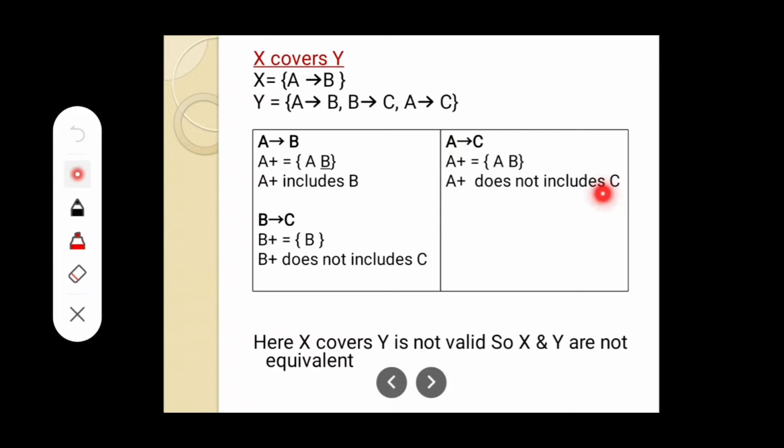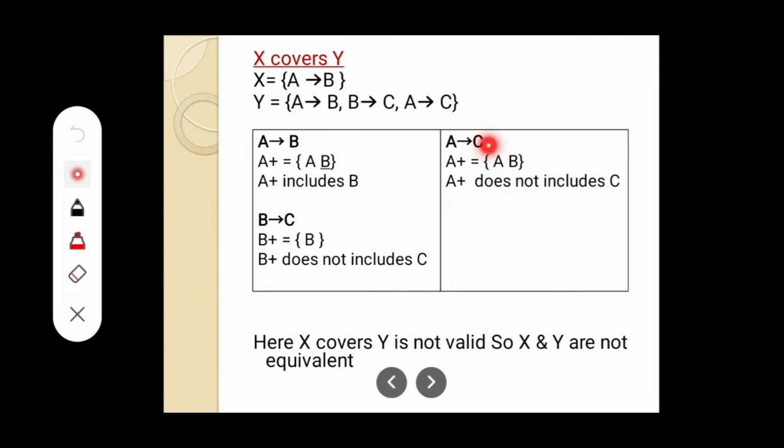Okay, I simply calculated this also. A determines C. Find the A closure. A closure's first value is A. If anything starts with A, yes, A determines B. So B is also here. Does this A closure include C?